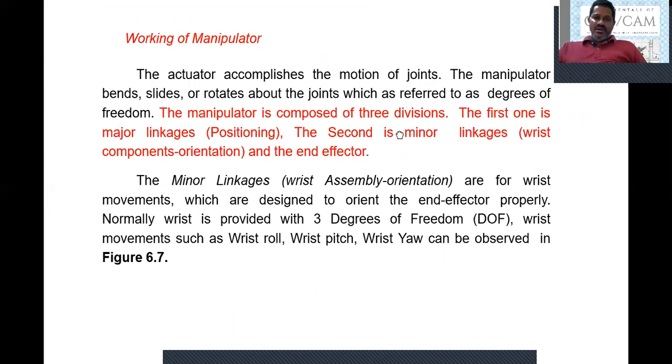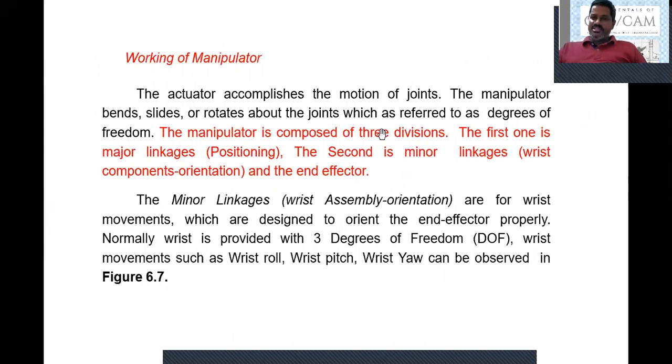This manipulator is going to get the energy from the actuator, that means a drive, it can be a motor, and that motion will be transmitted from one link to another link, and finally the desired motion will reach the end effector, where the end part of the robot is going to be exposed to or interact with the work environment.